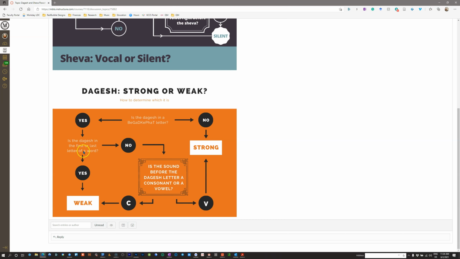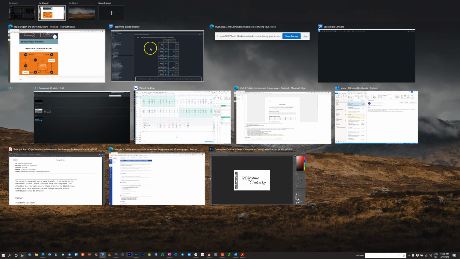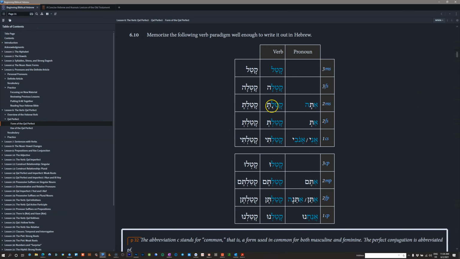Yes, then it's weak. But this also happens in the last letter, and that's what we see here in these forms, actually. That's what we see here in the katalta and the katalt. And we saw it here as well in at. But here you can see that we've just taken part of the pronoun and stuck it on the end of the verb.